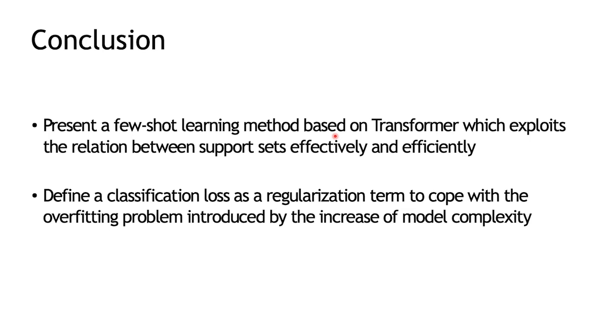In addition, in order to cope with the overfitting problem introduced by the increase of model complexity, a classification loss is introduced into the total loss function as a regularization term. Experiments demonstrate the superiority of the proposed method over existing state-of-the-art few-shot learning methods.